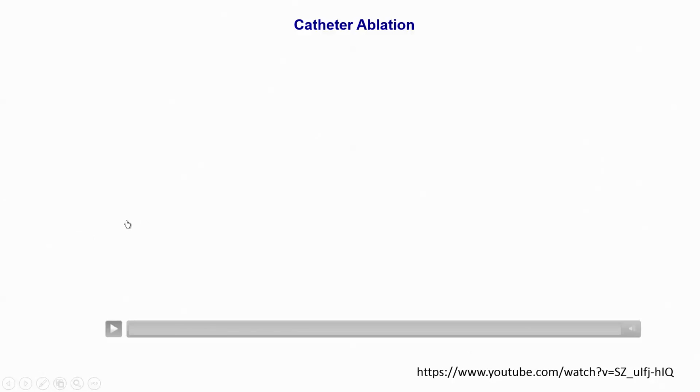So, you have seen this video, right, and you now know what exactly is atrial fibrillation. So, when you have atrial fibrillation, the doctor inserts the catheter, and first is to understand the electrical mapping of the heart.